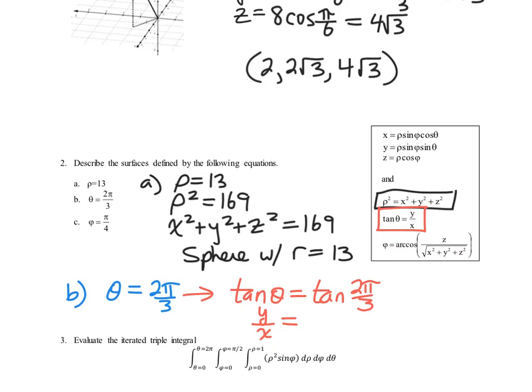Isn't that square root of 3 over 2 divided by negative 1/2? That would simplify to negative square root of 3. And so y equals negative root 3 times x, which is going to be a plane.